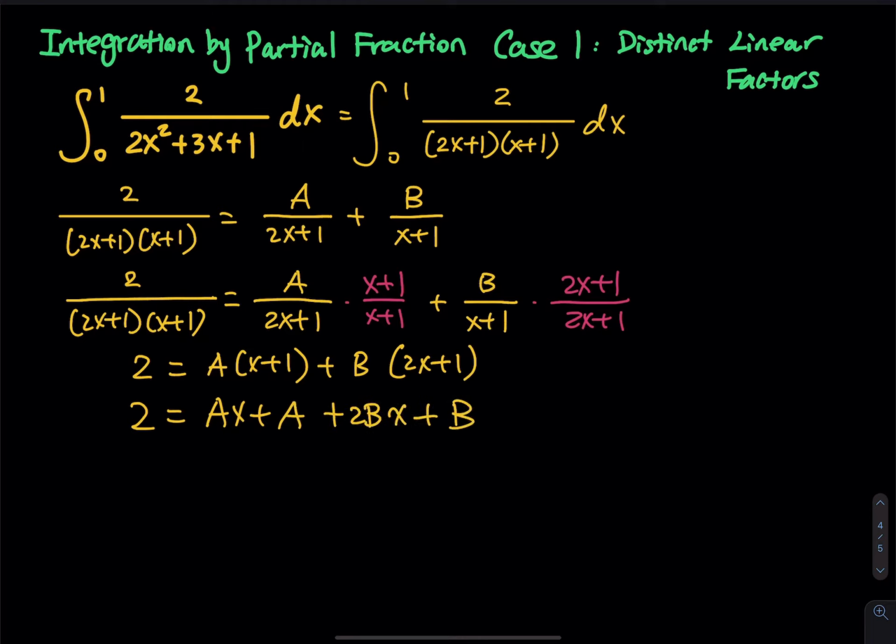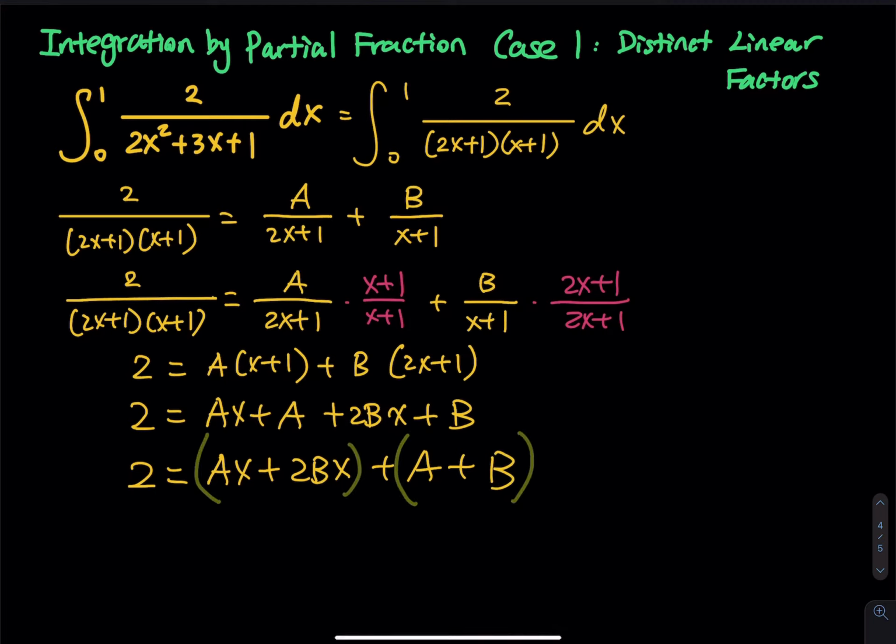So you do a distribution, and then you group all the x terms and the constants together. So 2 equals ax plus 2bx, and then plus a plus b, where this is for the x, and this is for the constant. And then you might ask me, hey, there is no x on the other side. What do we do? So let's write another line. In this line, I'm going to factor out the x.